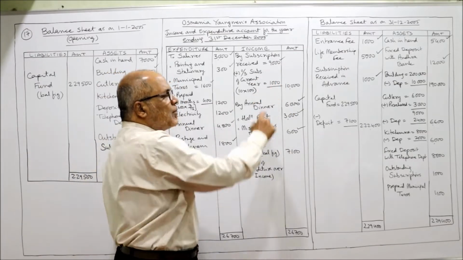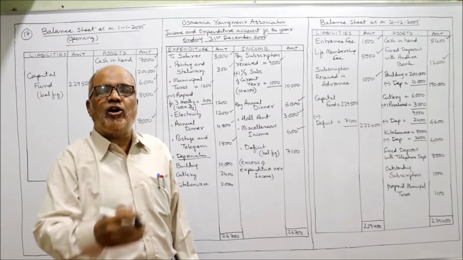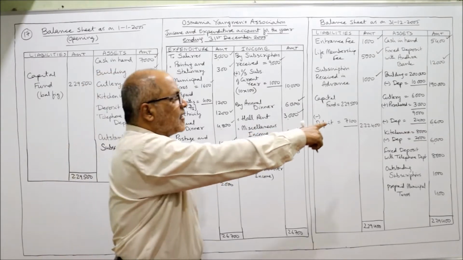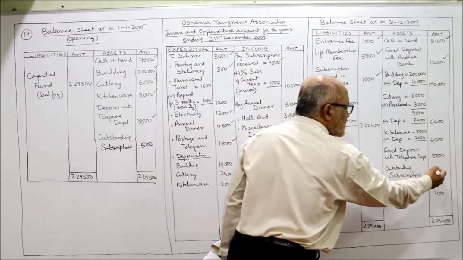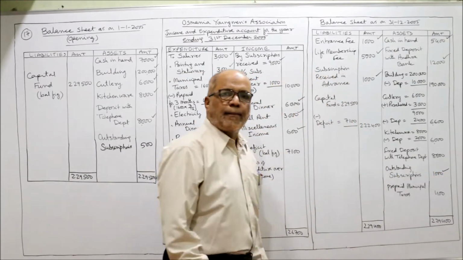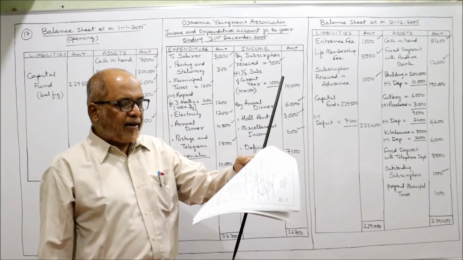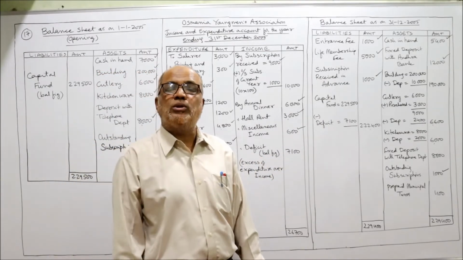Now this 1,000 rupees subscription outstanding at the end of the year is an asset. It will be taken on the asset side. So on the asset side, outstanding subscription 1,000 I have taken, right? Then municipal taxes were paid up to 31st March 2006.